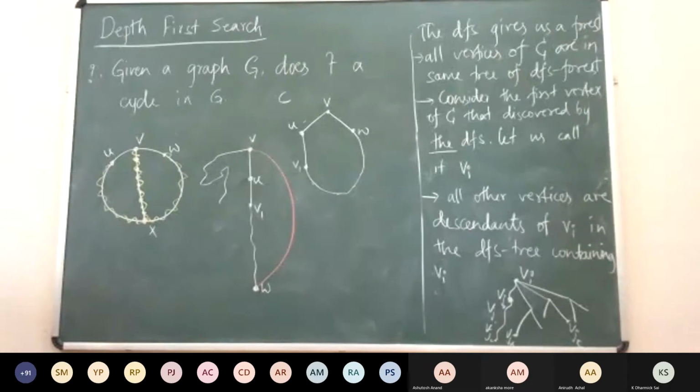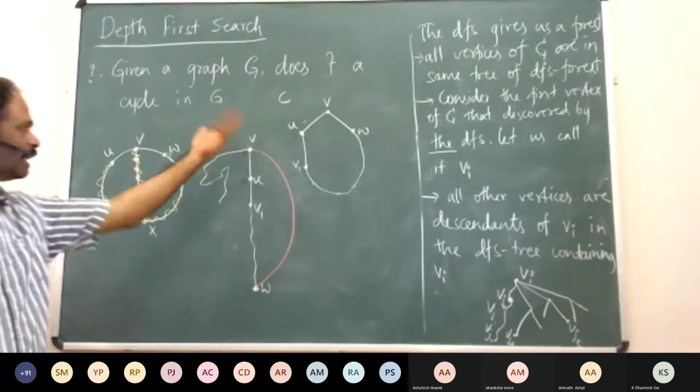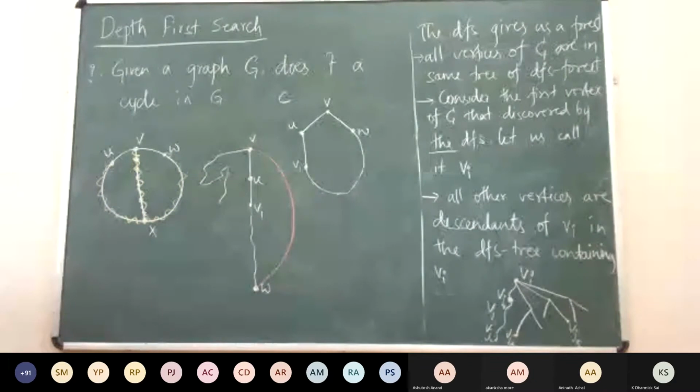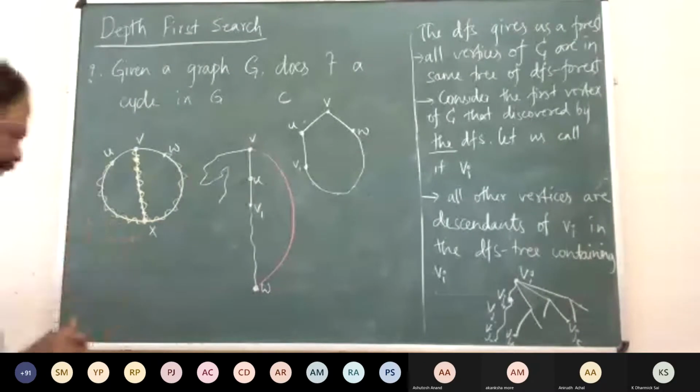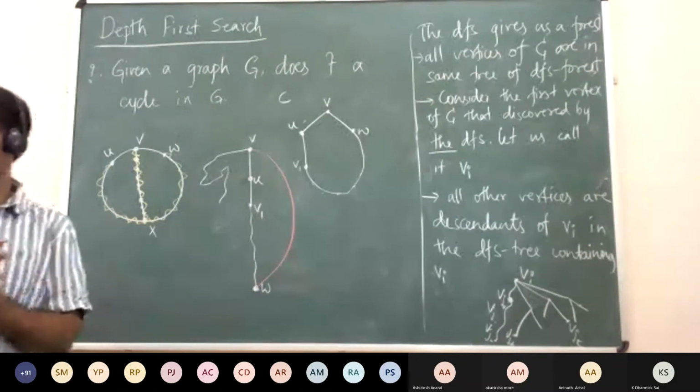You can always remove an edge from the cycle. So yes, you can delete the edge VW, and that will become a back edge, right? So whatever Akanksha said, modifying the proof, instead of deleting the vertex, you can even delete the edge. Good, that is also fine. Okay, so is that fine?